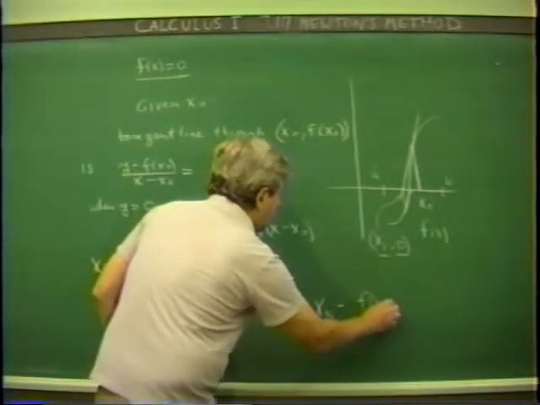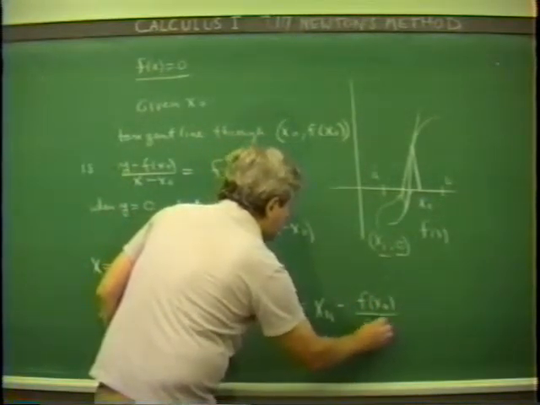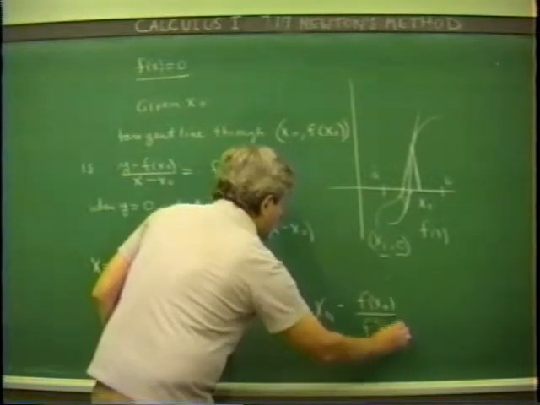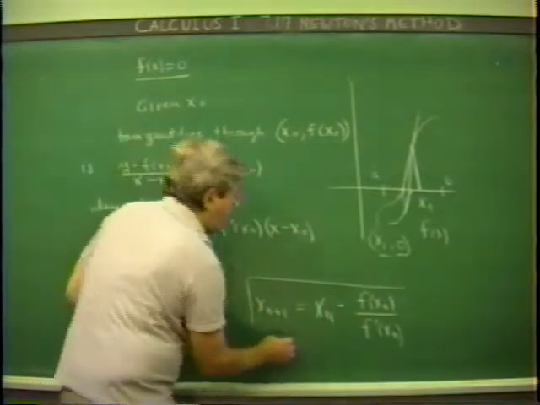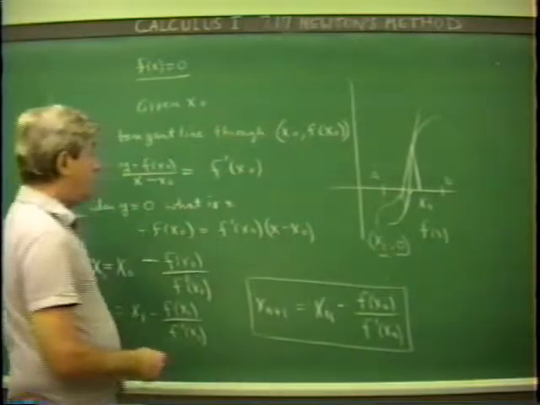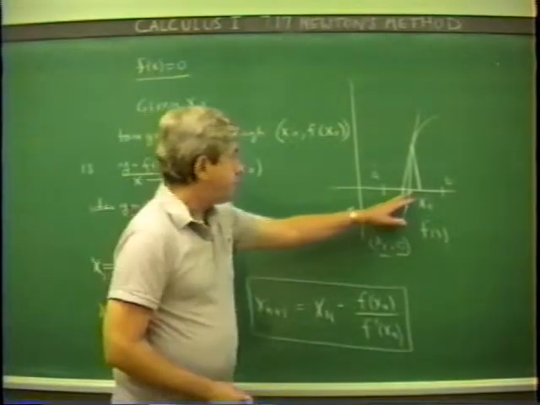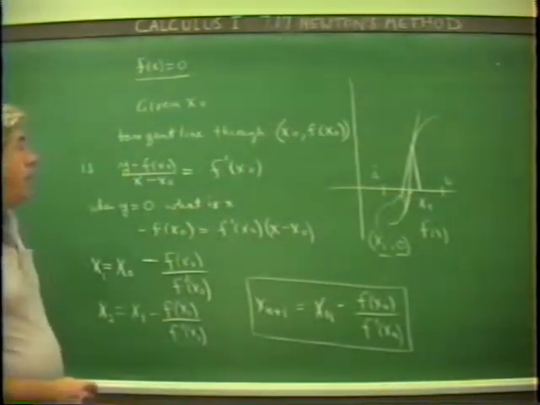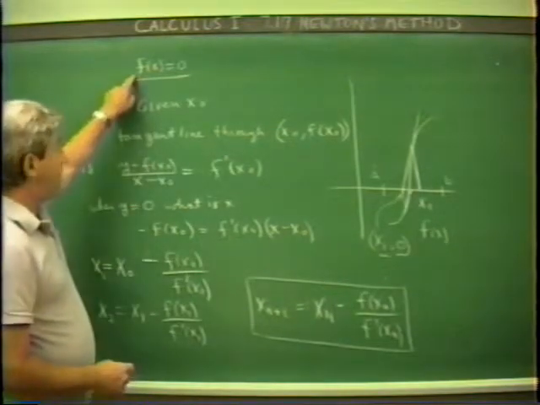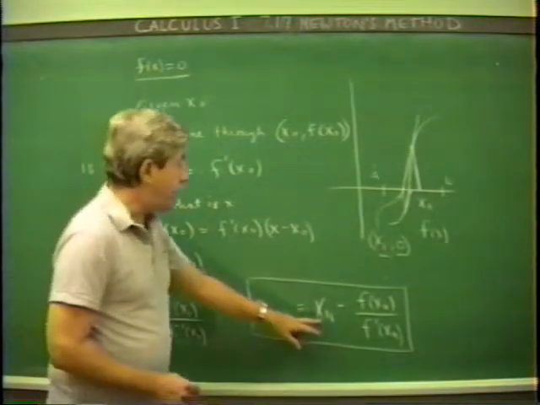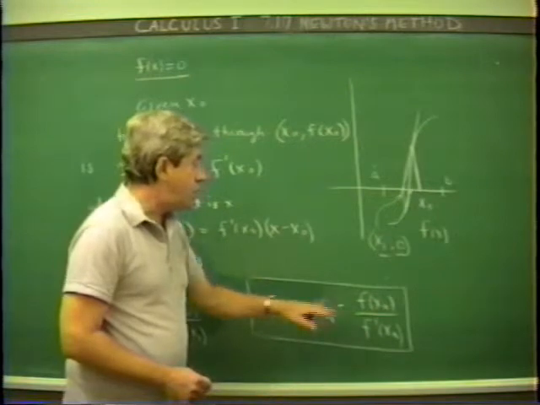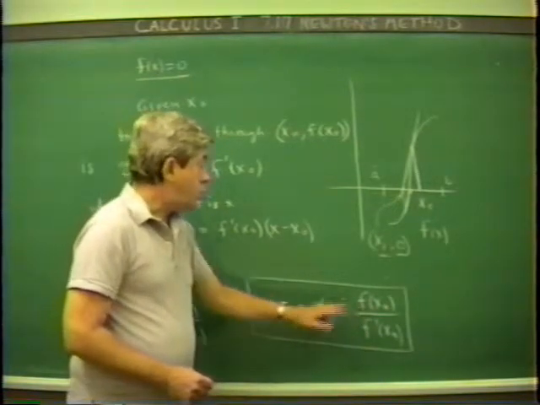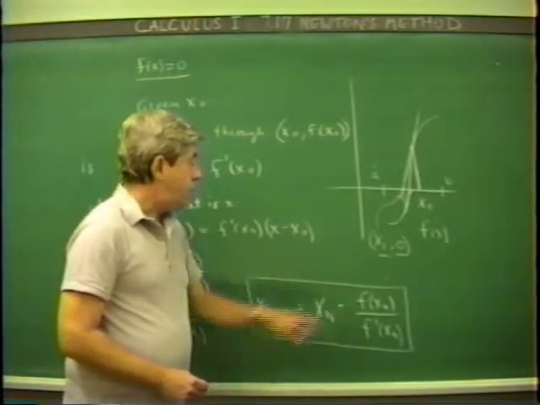And in general, xn plus 1, if we've got xn, will be xn minus f of xn divided by the derivative at xn. So here then is a formula for getting a next approximation to the solutions to f of x equals 0 when you've got a previous one.